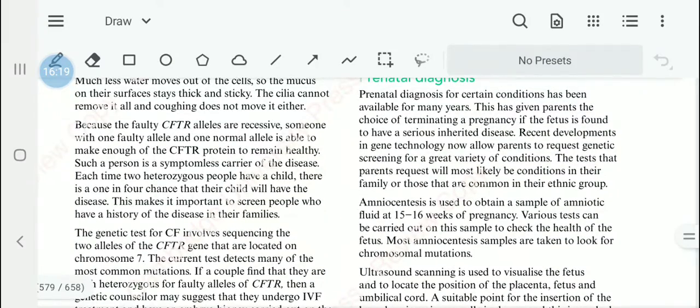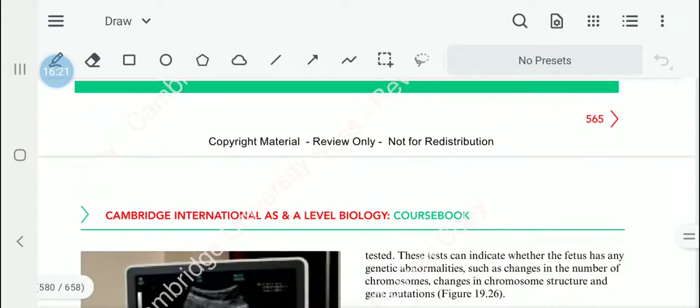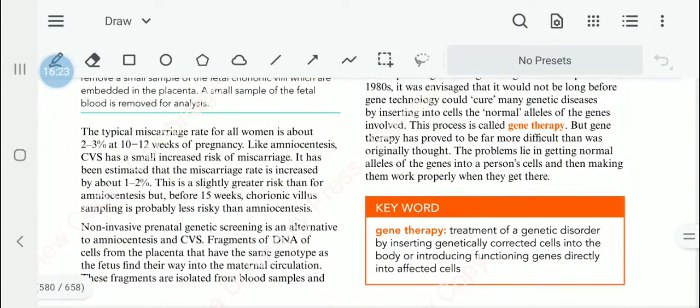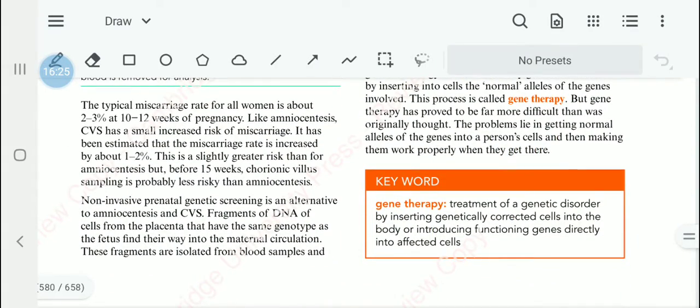These are quite important advancements, but one thing to remember is that miscarriage can occur in 2 to 3% of all pregnancies, that is the fetus dying. But amniocentesis can increase the risk of miscarriage, so there is a risk in that as well.